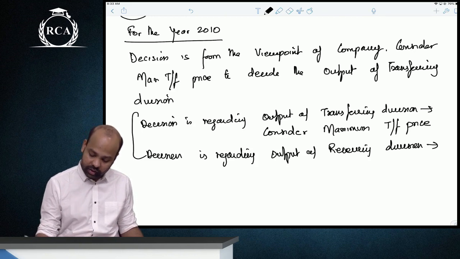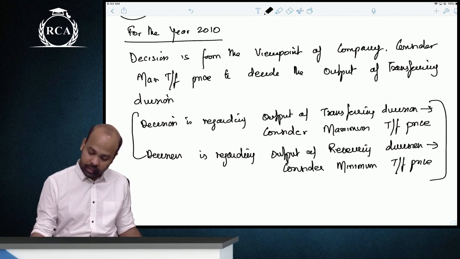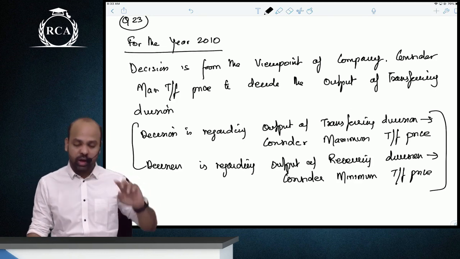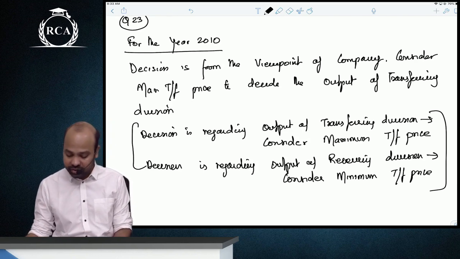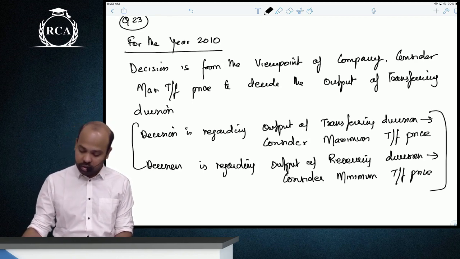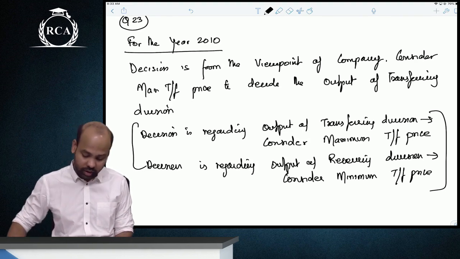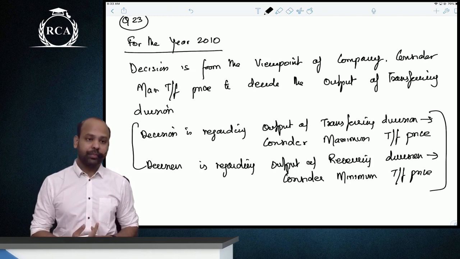You will consider the minimum transfer price. If the decision is regarding the output of the transferring division, you will have to consider the maximum transfer price. If it is regarding the output of the receiving division, you will have to consider the minimum transfer price. Understood, sir? No doubt about it.